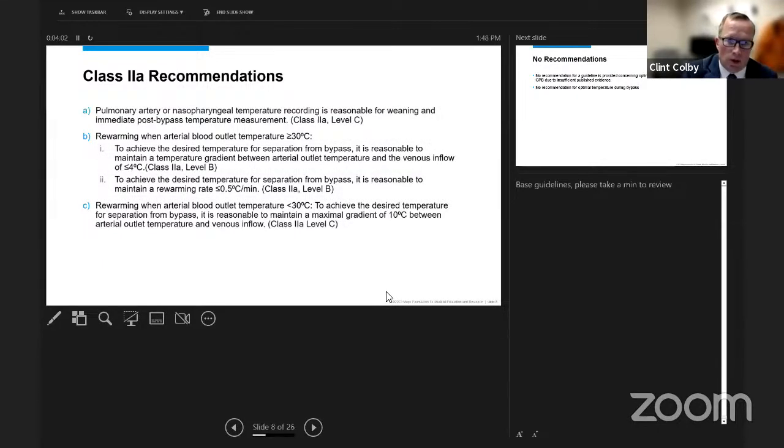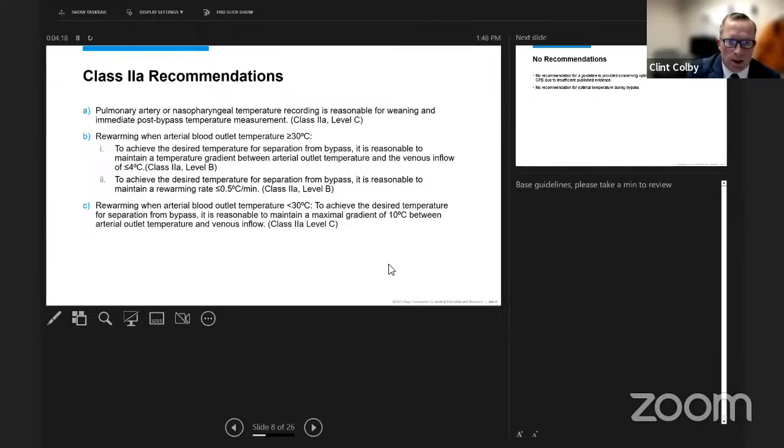Less strong recommendations that came from the guideline: pulmonary artery or nasopharyngeal temperature recordings are reasonable for weaning and immediate post-bypass temperature measurement.